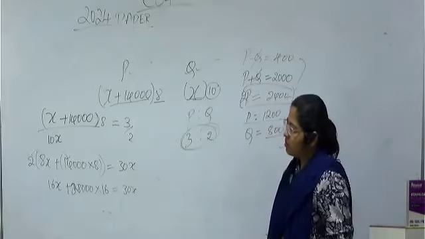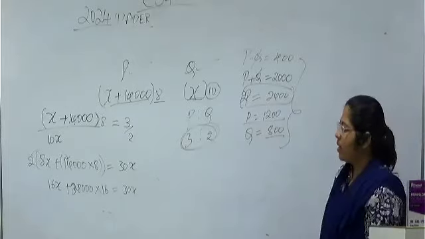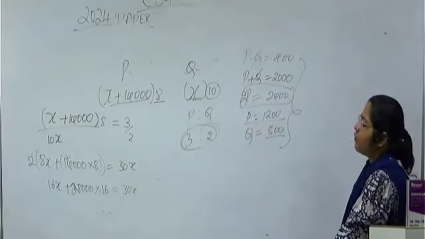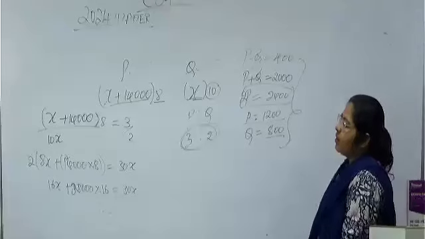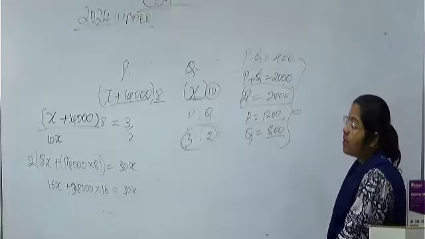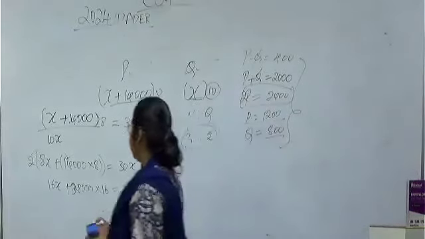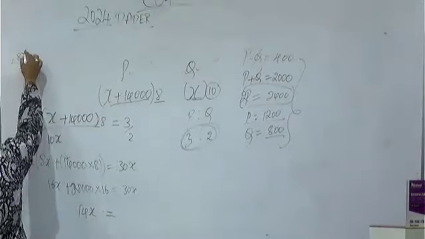You can take 8 as common, 8x. Whatever calculation you do, you should get x is equal to 16. That 30x, if you send that side, it will give you 30 minus 16, 14. 14x is equal to 28 into 16.